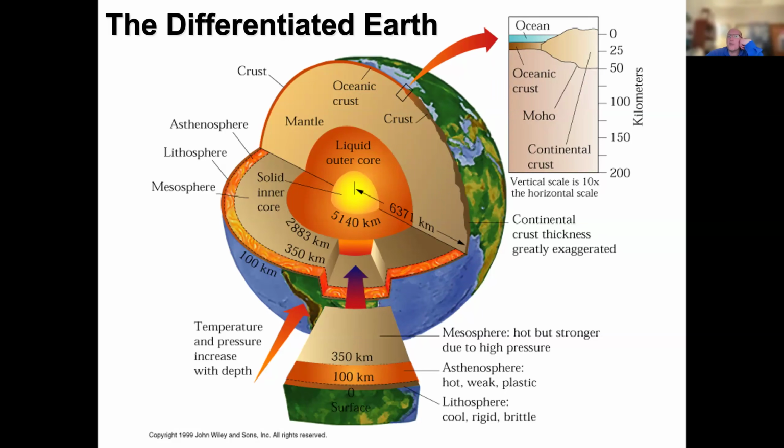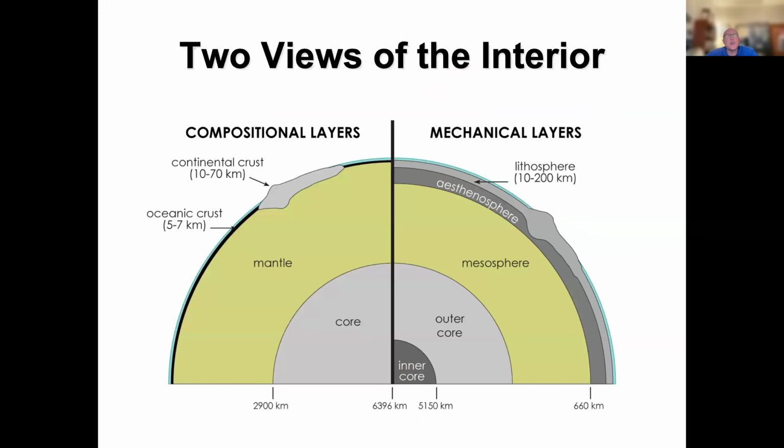But I did want to start with a few baseline terms. To begin with, I've got this diagram of the differentiated Earth showing these different domains based on how we categorize different layers. I find this diagram helpful for that 3D global structure, but my mind works a little easier on a 2D diagram. So I'm going to go there now.